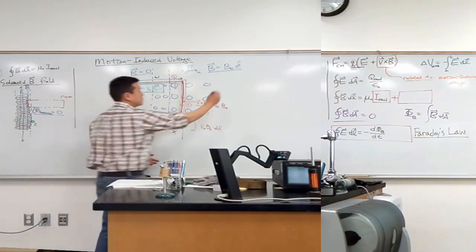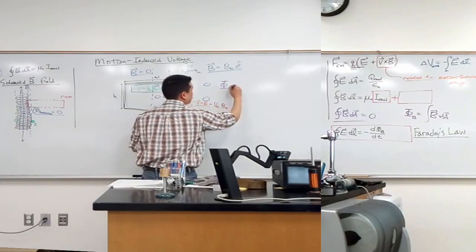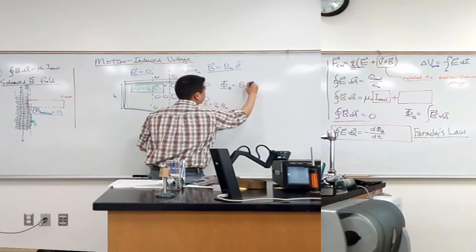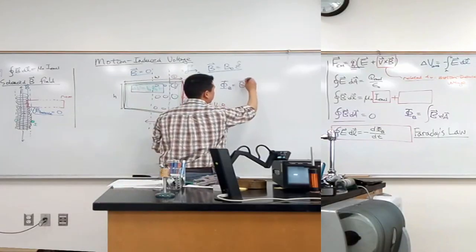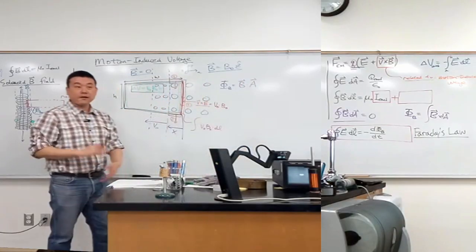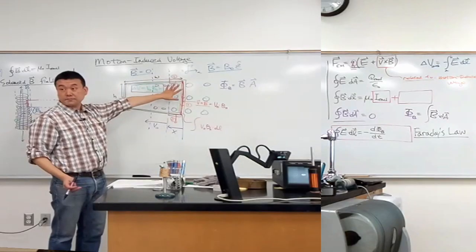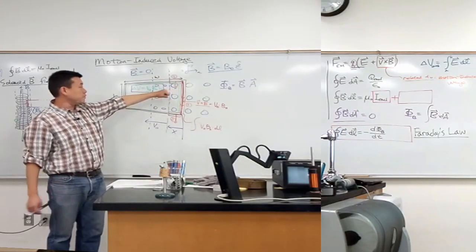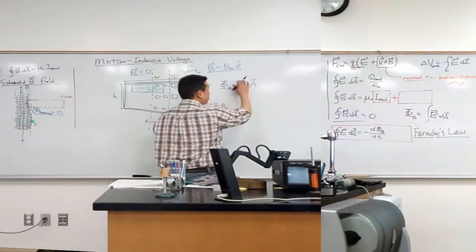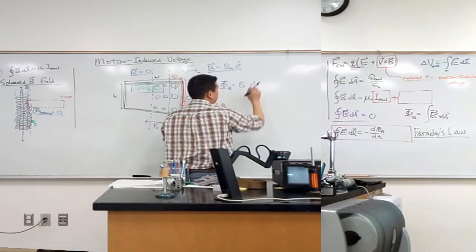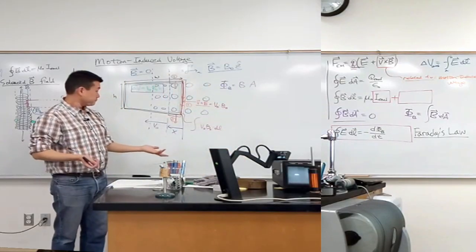Then magnetic flux, at the very basic level, is the magnetic field times the area. There's a whole dot product for you to remember and think about, but here the geometry is simple. Magnetic field comes out of the board, perpendicular to this plane, so this B dot dA business is just the magnetic field magnitude times the magnitude of the area.